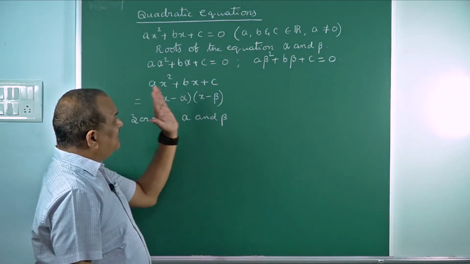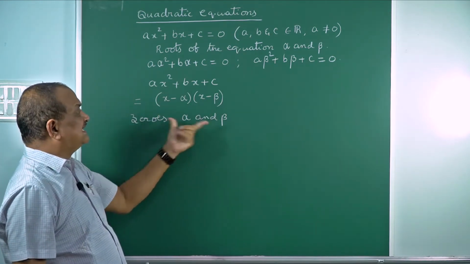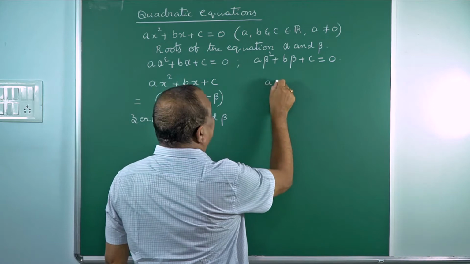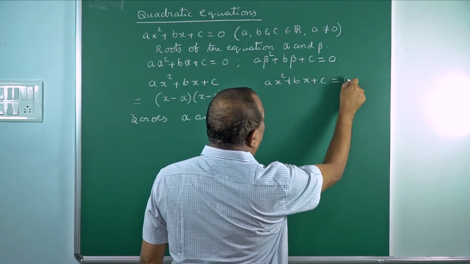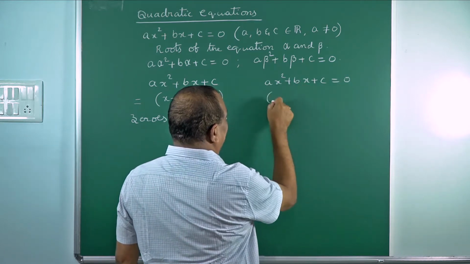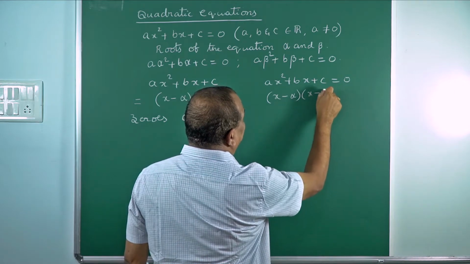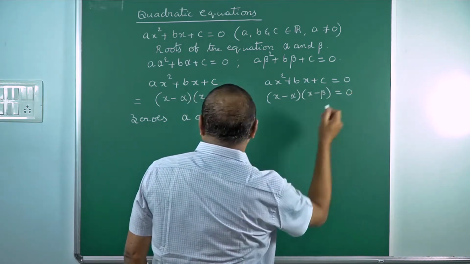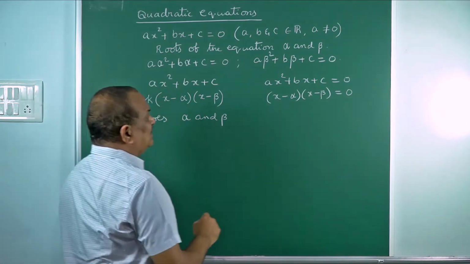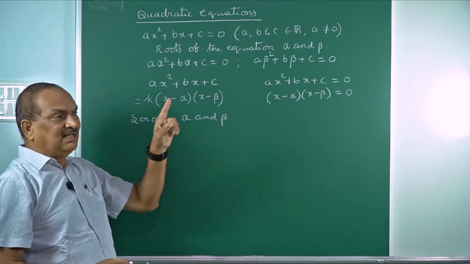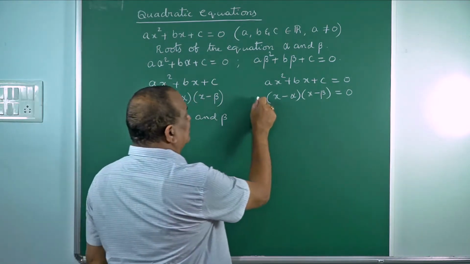Now let me take a quadratic equation. This is a polynomial, zeros I said, and I take ax square plus bx plus c is equal to 0, and I can resolve this into x minus alpha times x minus beta. I put a numeric factor k for convenience, because this is not a monic polynomial, the leading coefficient is not 1, and here also I do that.